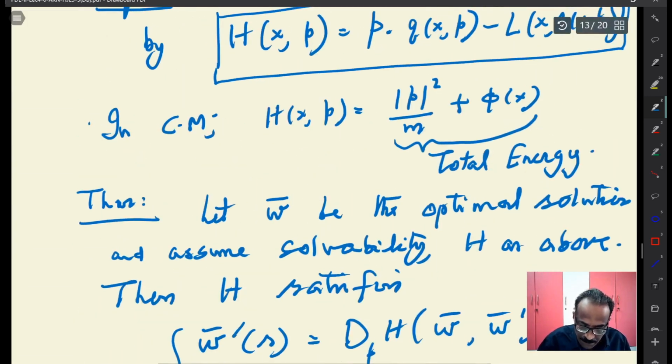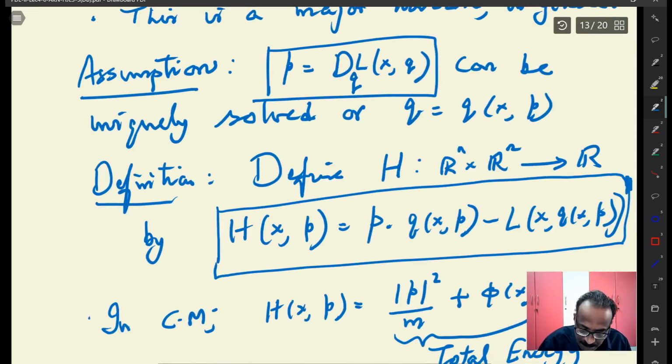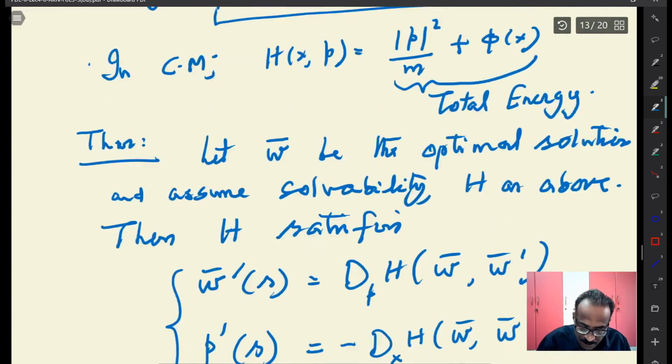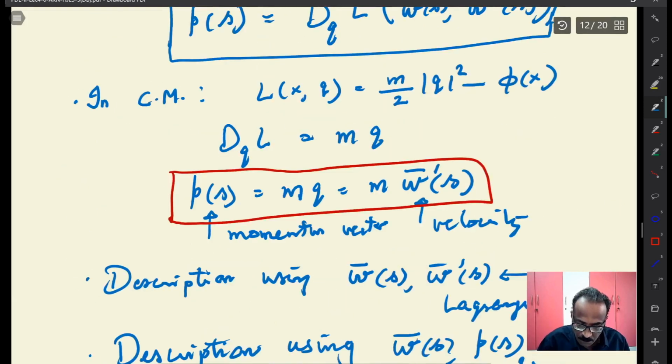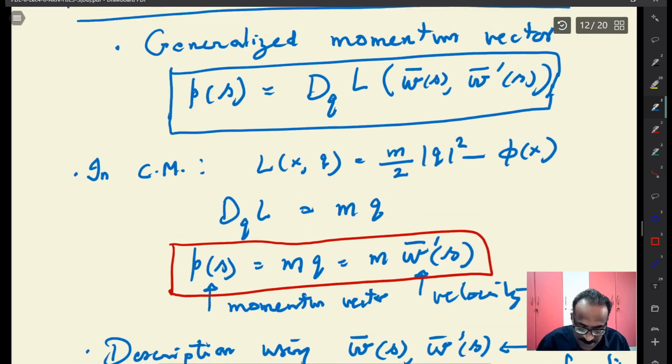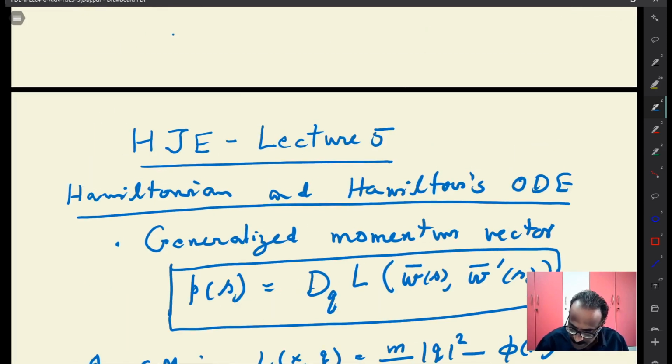But the way P is defined, P is this one, dq of L of x of S, q of S, and that's how you solve for P. So q is solved that way, and P is introduced like that. If you go back here, yes, P is introduced like that. So on the part of q, you have this. So this is what you are solving.